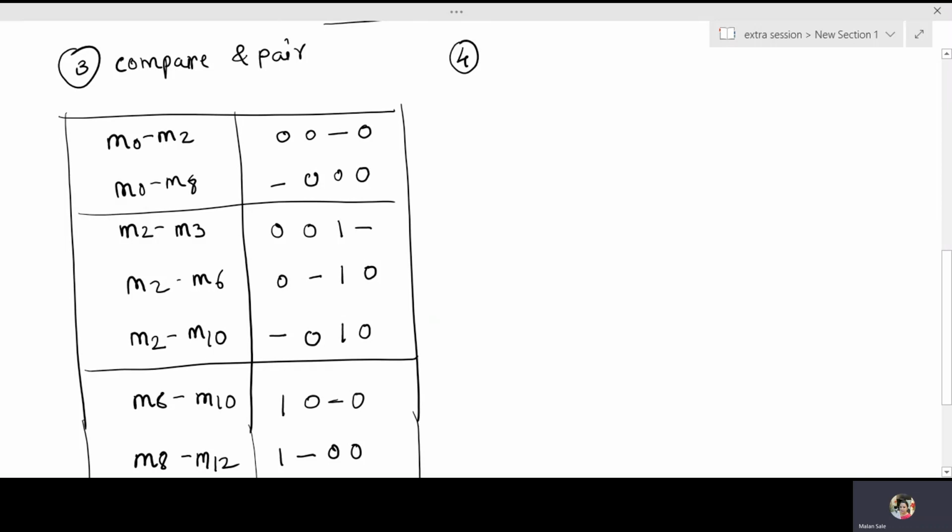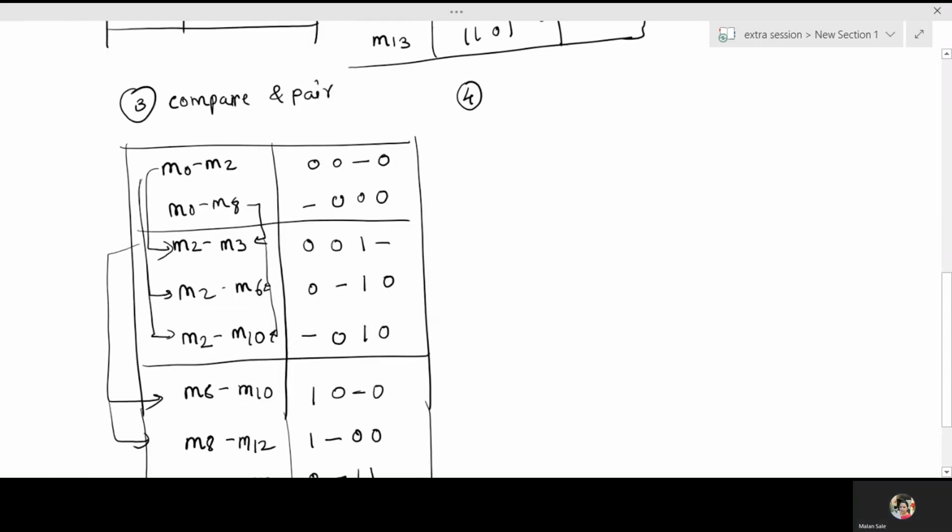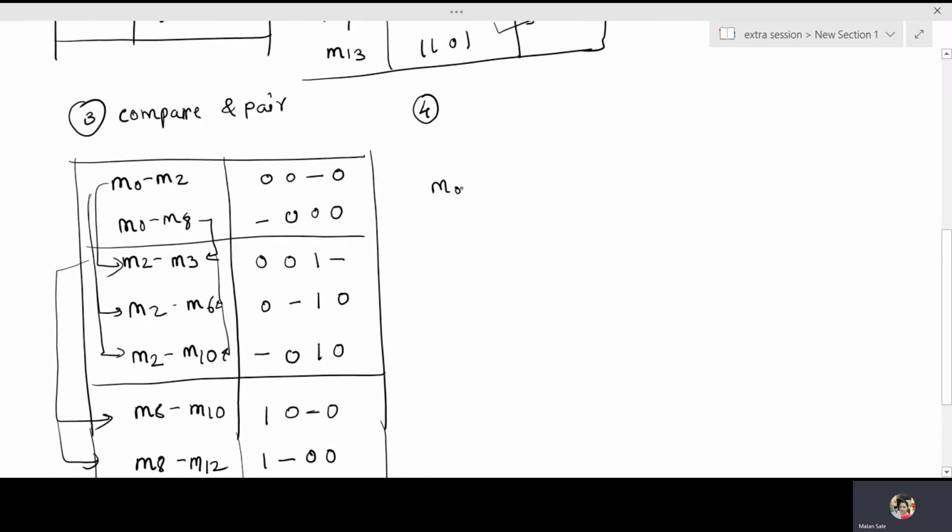Fourth step: again continue the grouping. Compare M0, M2 with the next higher group. Again M0, M8 with this and with this. Similarly M2, M3 will be compared with the others. After performing all these groupings, my first pair will be M0, M2, M8 and M10.